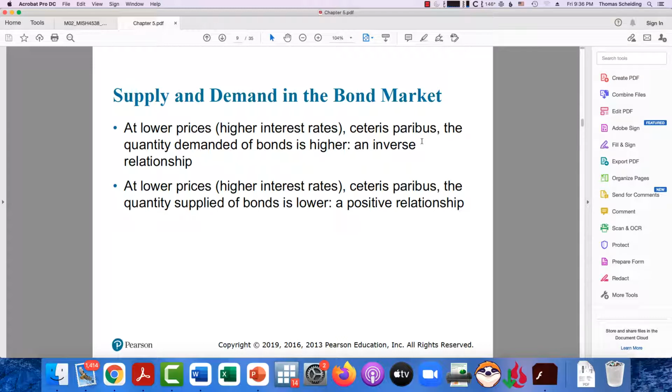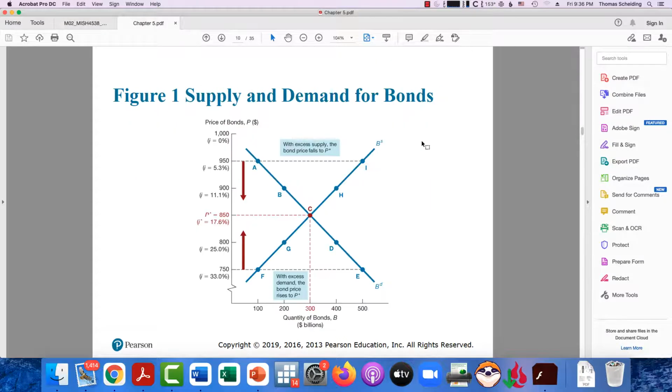In terms of supply and the quantity supplied, we see the typical positive relationship where the quantity supplied falls if I have to sell this bond at a discount. And that's exactly what we see here.